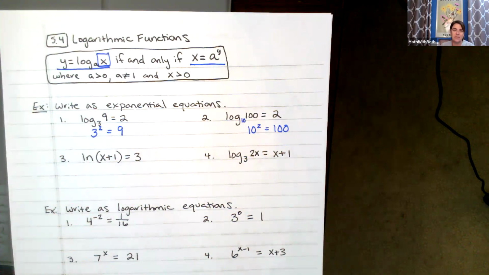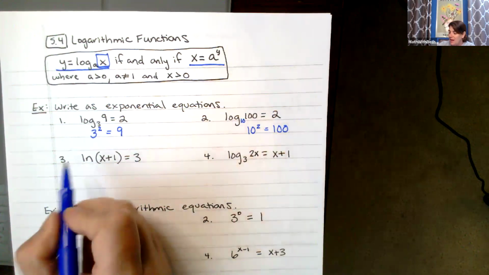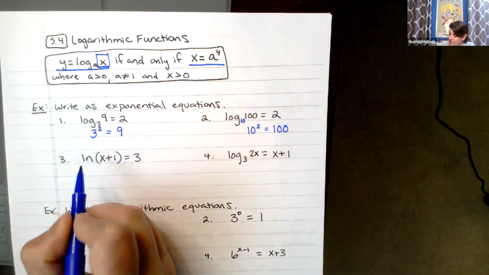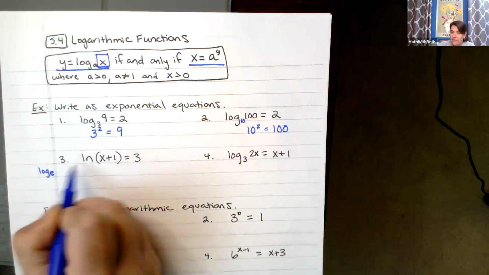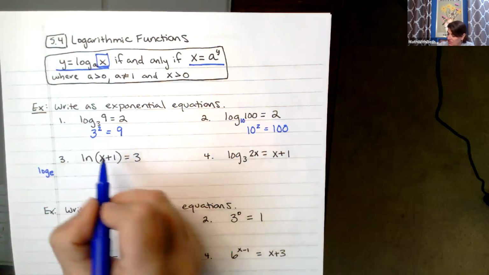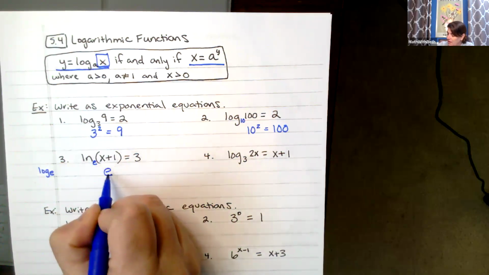So all we're doing is practicing going back and forth. So the same way that log really means log base 10, ln is the same thing as having a log base e. They just gave it a special name. So when you see ln, you know that the little base that you don't see is really an e.